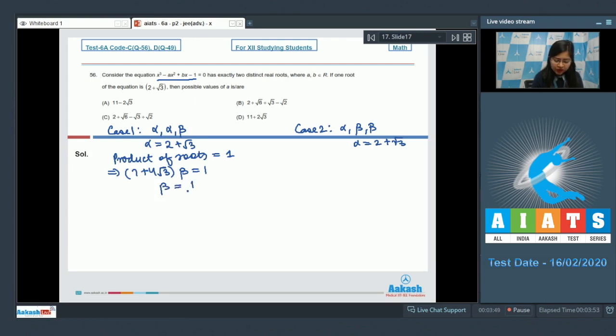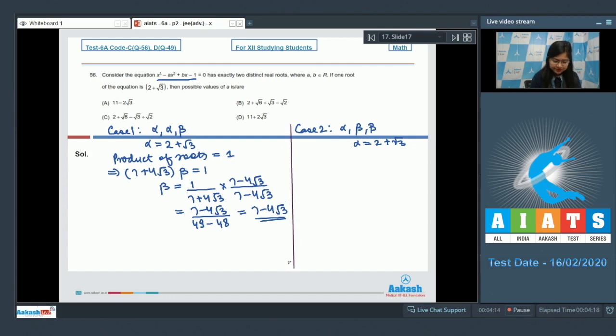So beta is equal to 1 upon 7 plus 4 root 3. Multiplying by 7 minus 4 root 3 in the numerator and denominator, this is equal to 7 minus 4 root 3 divided by a square minus b square, that is 49 minus 16 into 3, that is 48. So this is 7 minus 4 root 3. This is the third root in the first case.